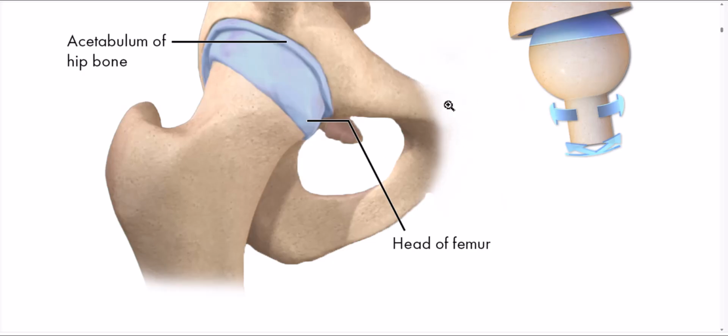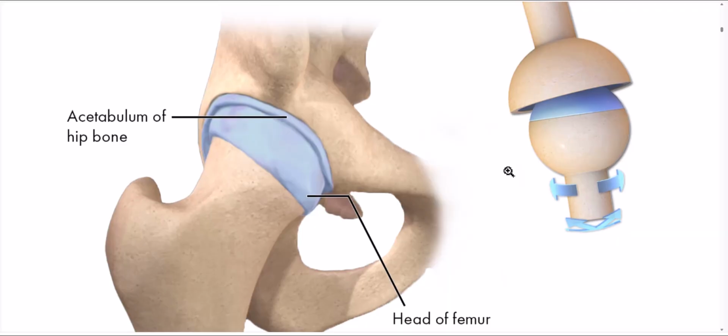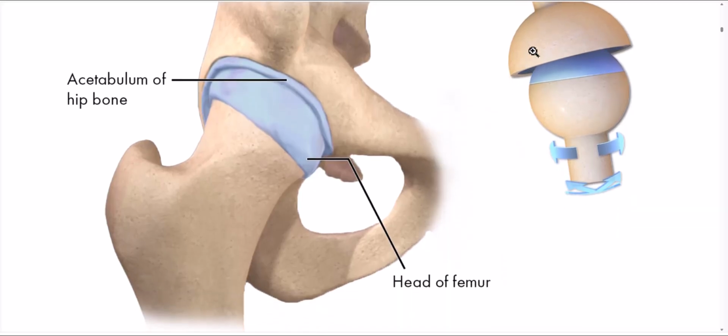And just a little bit over from where my pointer is now, that's where the pubic symphysis would be. So imagine we're looking at a simplistic version of the hip, and you can see that the ball of the femur fits up into the socket, the acetabulum, and that creates lots of movement in multiple directions.